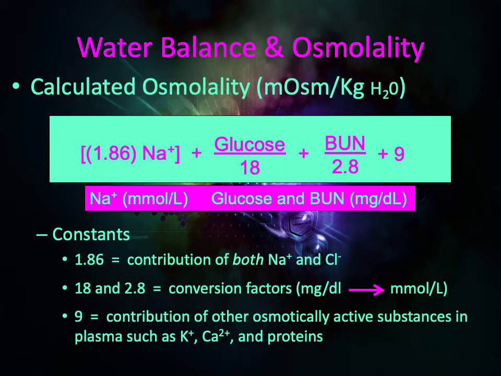The formula is given on this slide. It is important to note that the sodium concentration must be in millimoles per liter, and both the glucose and BUN values in milligrams per deciliter.